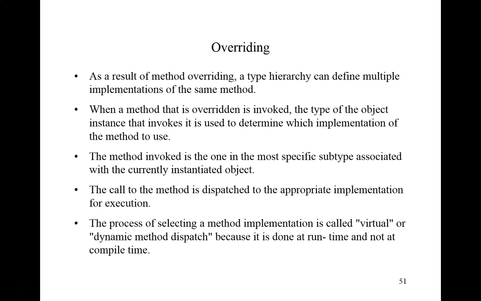The method invoked is the one in the most specific subtype associated with the currently instantiated object. The call to this method is dispatched to the appropriate implementation for execution. The process of selecting a method implementation is called virtual or dynamic method dispatch because it is done at runtime and not at compile time.